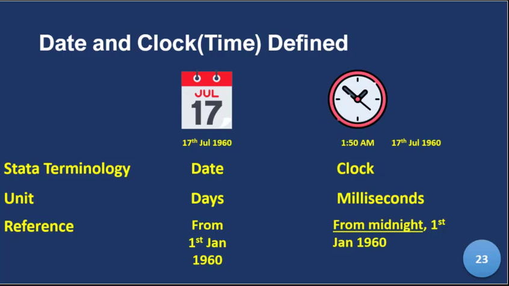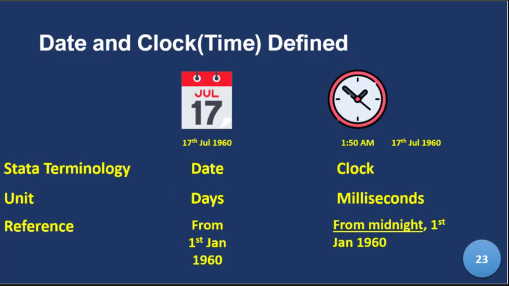Now that reference point is very important, so I'll give an example. The 31st of December 1959, which is a day before 1st of January, is going to be -1. But 1st of January 1960 is 0. That's the beginning. 2nd of January is +1.